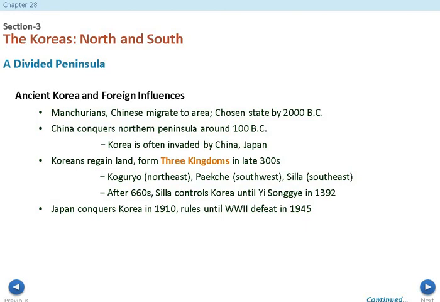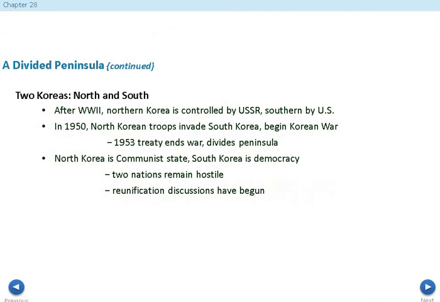Then in about the 660s, Silla is going to conquer Korea, and then Yi Seong-gye in 1392 is going to get rid of them. Now, Japan conquers Korea in 1910, and rules until World War II defeat in 1945. So this area, again, is going to be invaded by its neighboring countries for quite some time.